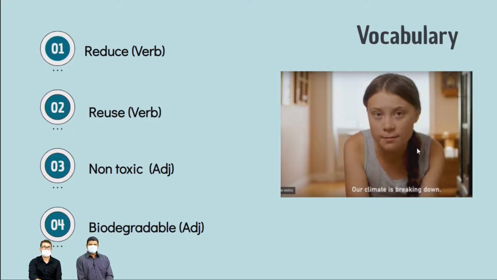The same thing with a lot of things, with trees, with leaves, everything is biodegradable. However, plastic and thermocol are non-biodegradable because they are chemicals that are created by humans. Okay, so this is a very important adjective for pollution.